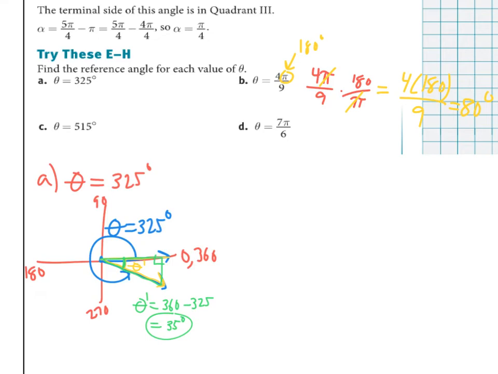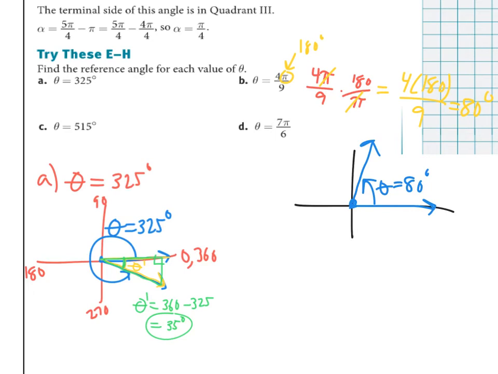Let's draw ourselves a little picture. Think about this. 80 degrees. What quadrant is 80 degrees in? I know we start here because every angle starts there. 80 degrees, so we're less than 90, right? So we are about there. Now, can we draw a right triangle using that angle?